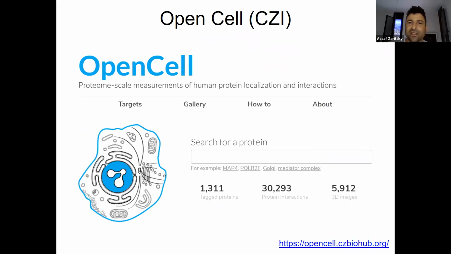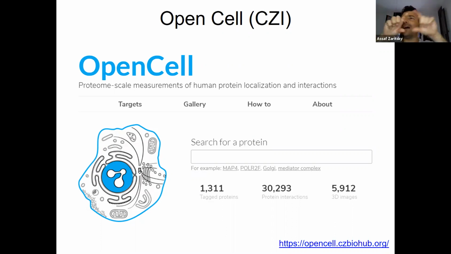Another data set is OpenCell from the Chan Zuckerberg Initiative, which is also about localization and interaction of cells. Very simply, and I'm downplaying what they did a lot, they did some sort of autoencoding, like we know, and then used the latent vector as a representation of the organelle localization pattern.